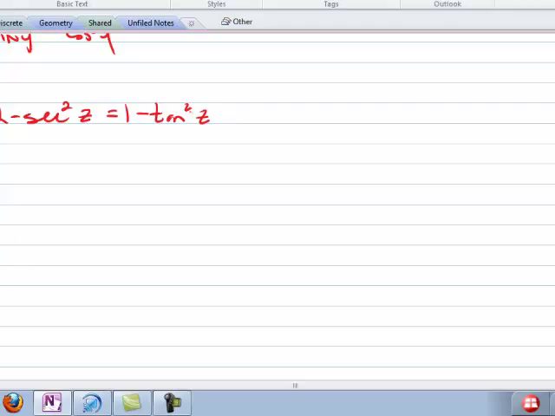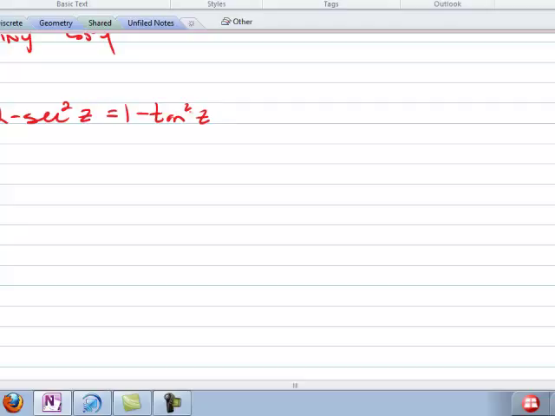2 minus secant squared. That's a good one, Bug. And I see something that y'all probably aren't gonna like. What did people do that tried this? Okay.